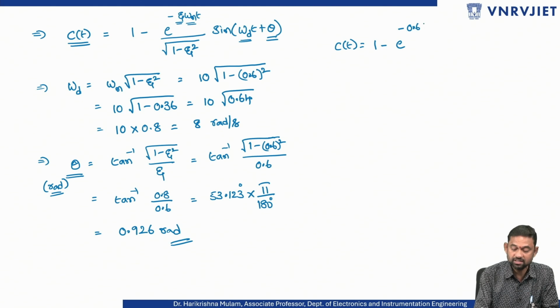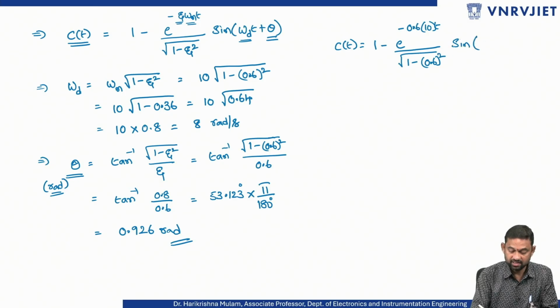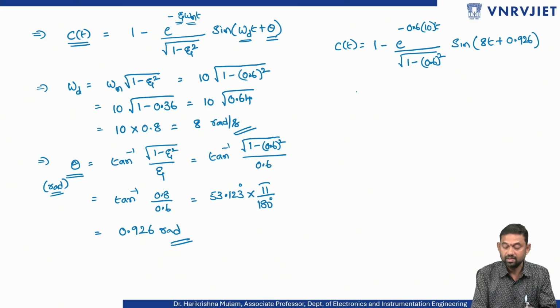zeta, which is 0.6, into omega n, which is 10, t, whole divided by square root of 1 minus zeta, which is 0.6, whole square, into sine of omega d, which is 8 radians per second, so 8t plus theta, which is 0.926 radians.